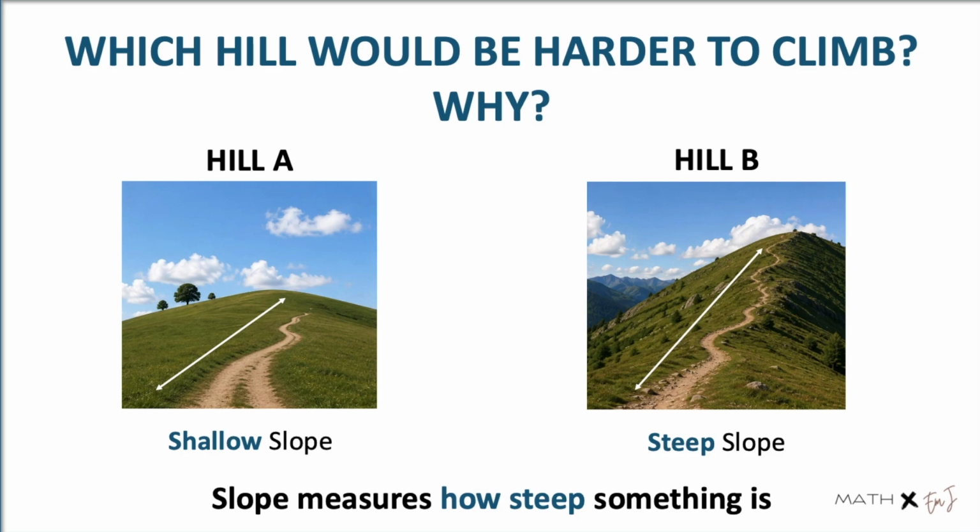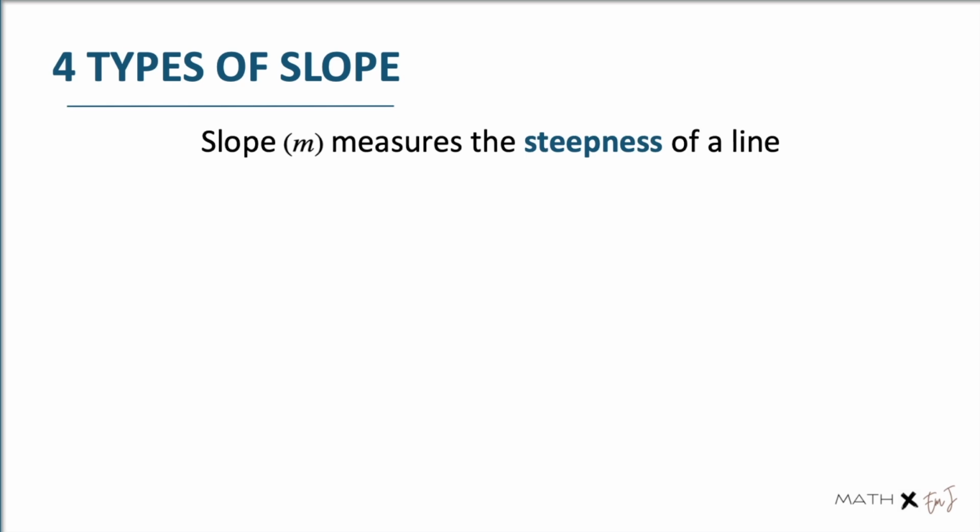So I want you to always go back to this definition. Slope measures the steepness of a line. And you'll notice that I've put the letter M in brackets after slope. In math, the letter M is used to represent slope. That's all.